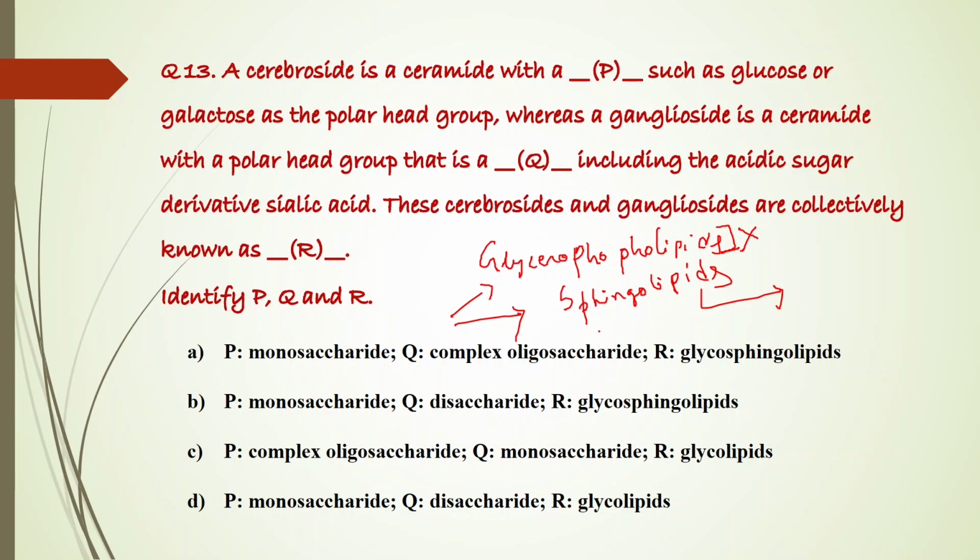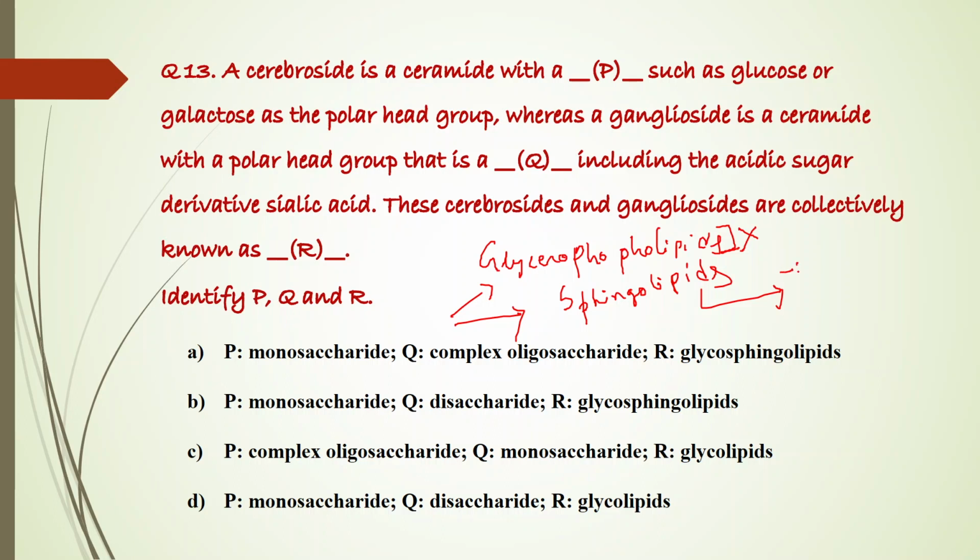We can further classify sphingolipids to different types. First of all, what will be ceramide? If you remember the structure of ceramide, there is a NH3 plus group, a long hydrocarbon chain, and an OH group.